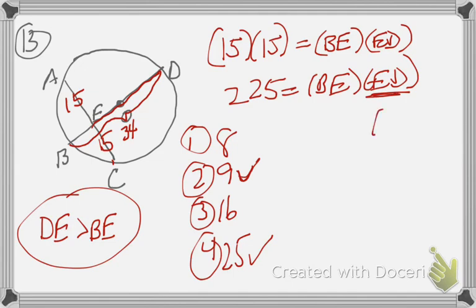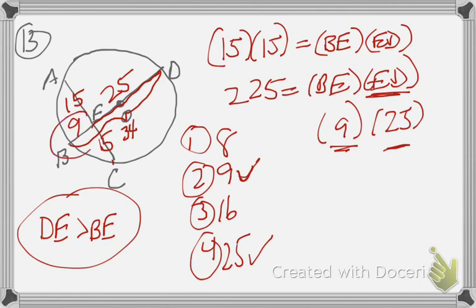So that one would have to be the 25, and therefore BE has to be the 9. And 25 times 9 is 225, and DE, that's this, is bigger than BE, which is this. So that means DE is 25, and BE is 9. And the question is asking for BE, so the answer is 9.